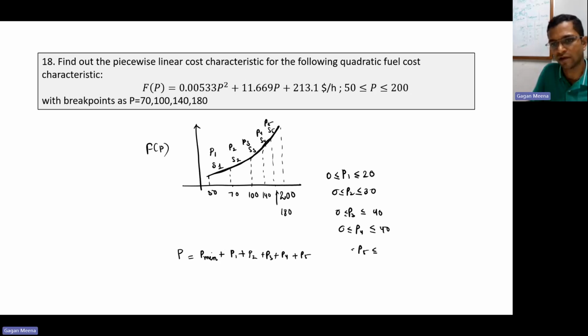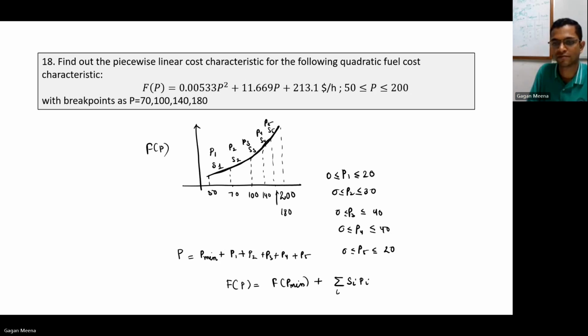And P5 is 20. And final F(P) will be equal to F of P minimum plus summation of S_i P_i. We can calculate it like this.